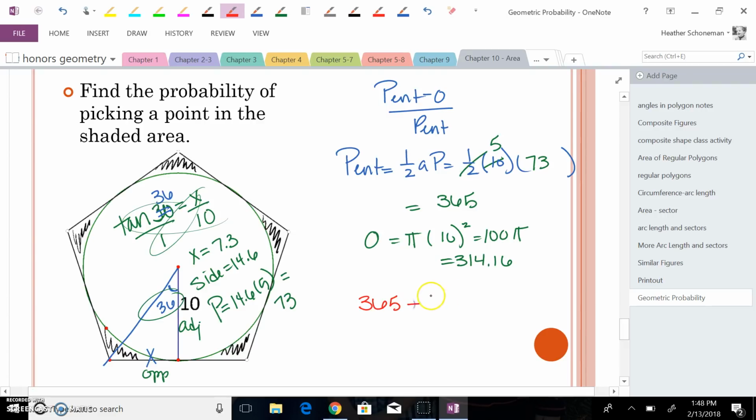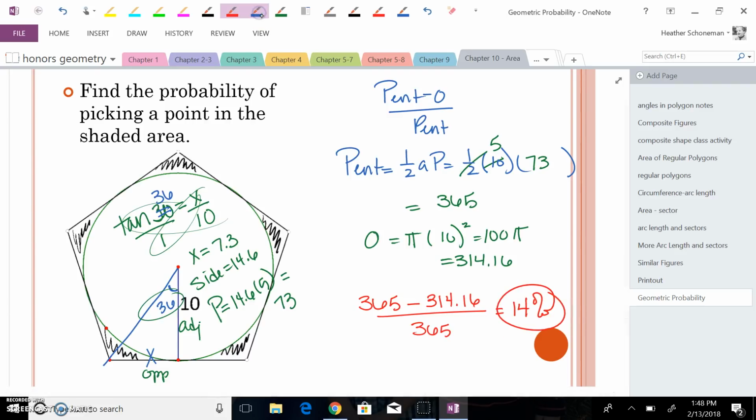So I have 365 minus 314.16 divided by 365. And that gives me, I think I typed something wrong, hold on. 365 minus 314.16, you type it with me, and divide by 365, there you go, 14%.